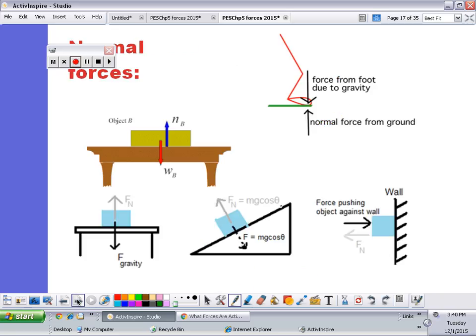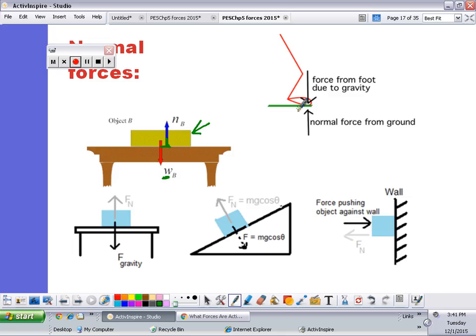When we look at some examples of the normal force diagrams, we have a box here on the table. You have your normal force, which is perpendicular to the table, going upward, and then you have your weight, your gravity, as the opposite downward reaction force. Same thing with your foot.